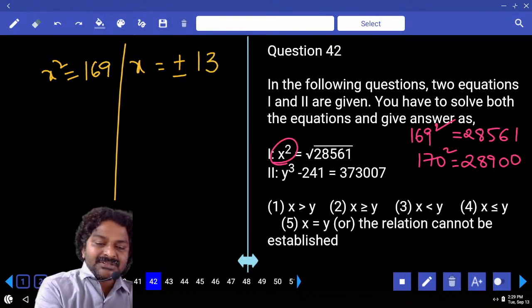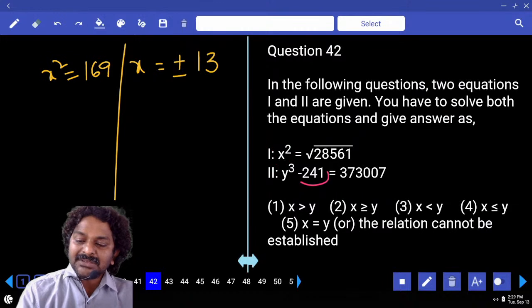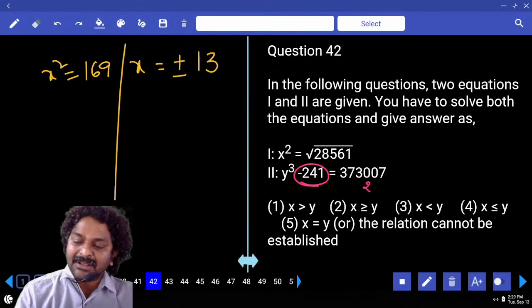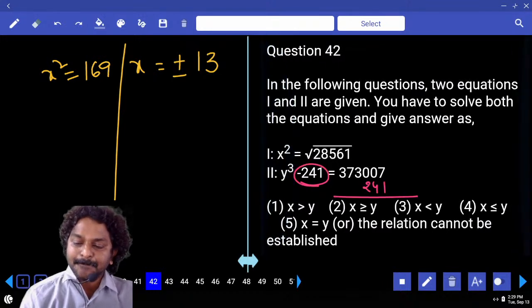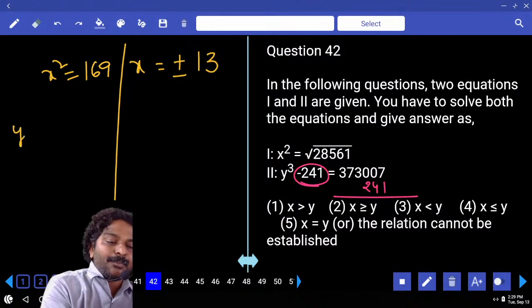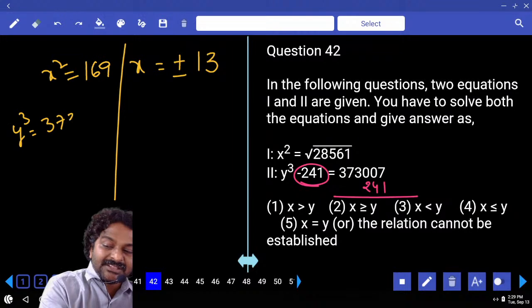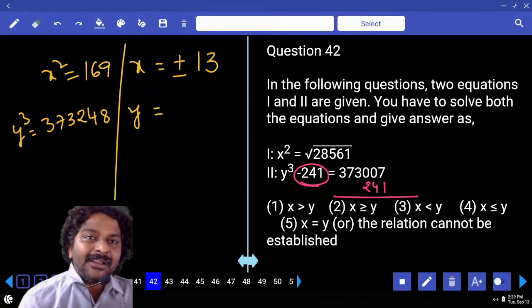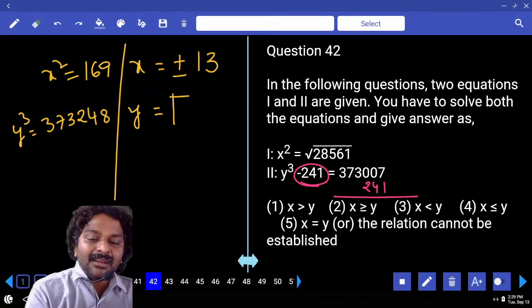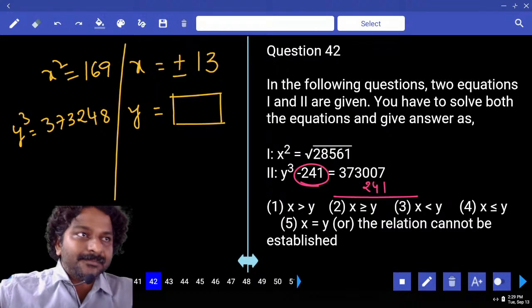Right. Next, y cube. Minus 241 comes to the other side and becomes plus 241. Correct? If y cube is equal to 3,73,248, we need to calculate y value. Correct? And now here already you have some clue.